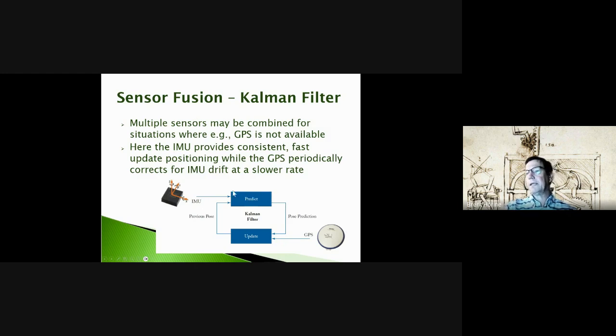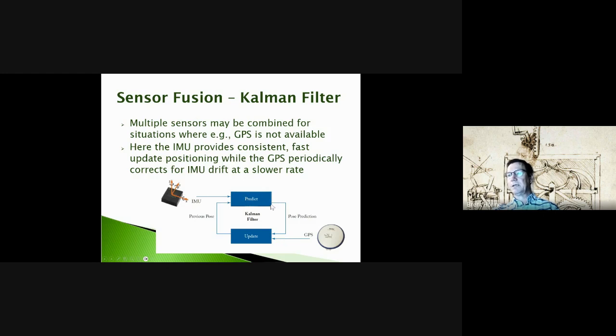But we can use a Kalman filter in order to extract out the best of both worlds. This is a recursive type of filter where we have a prediction step, taking the data from this IMU and predicting what our new position is based upon the accelerations and rotations that we perceive from it.